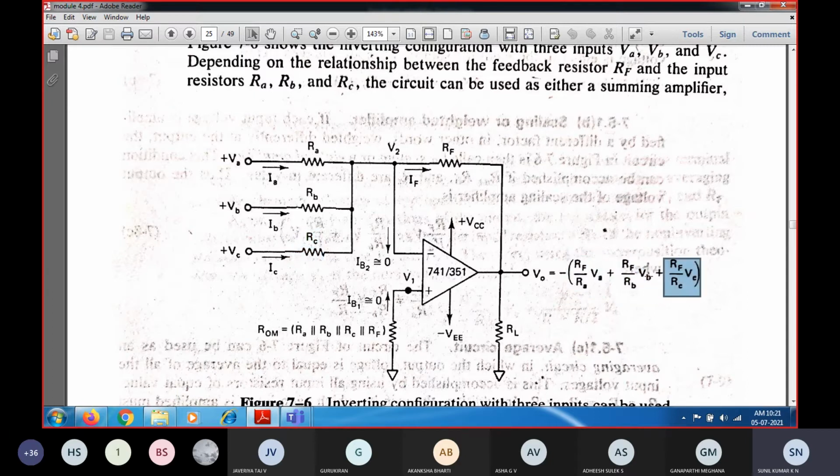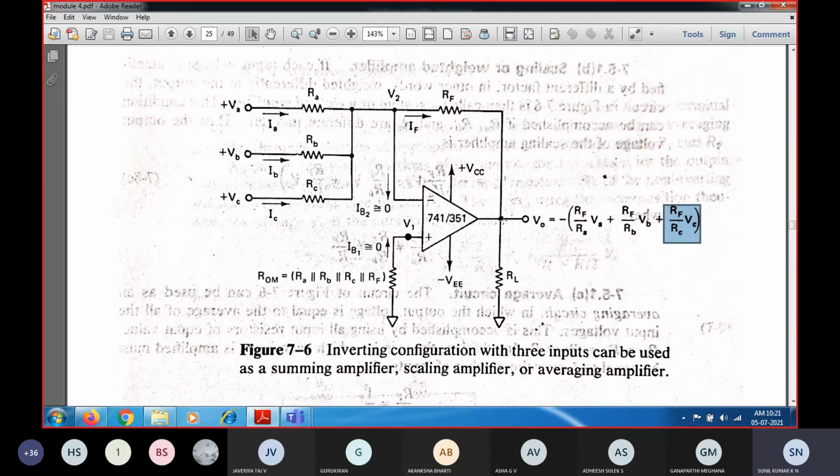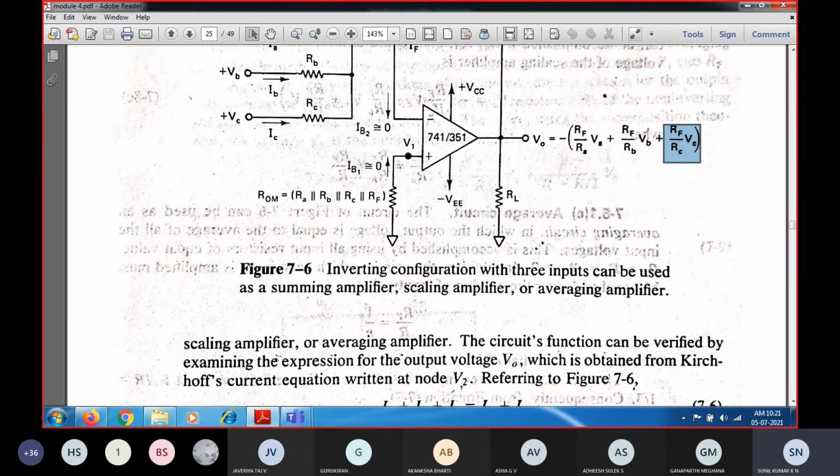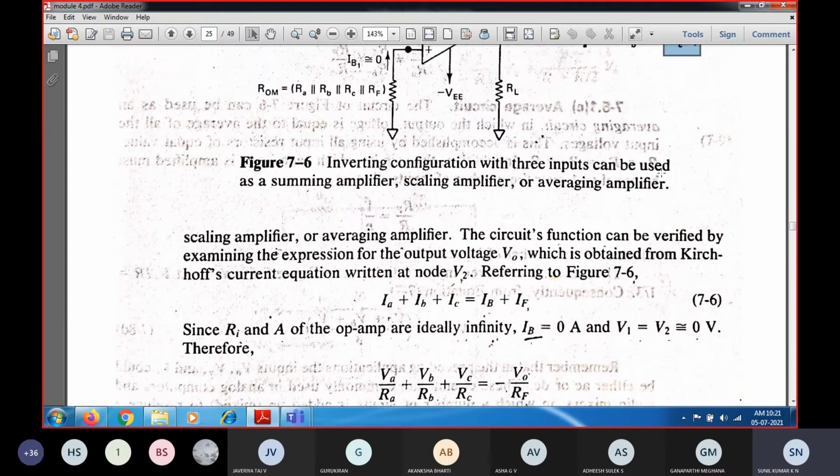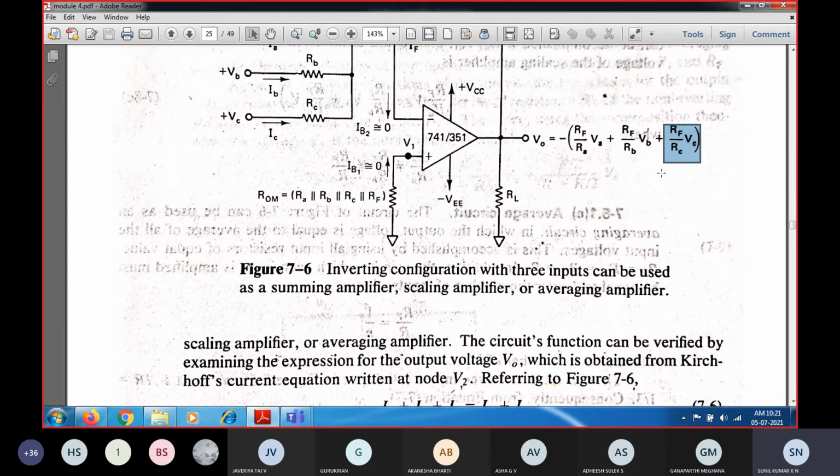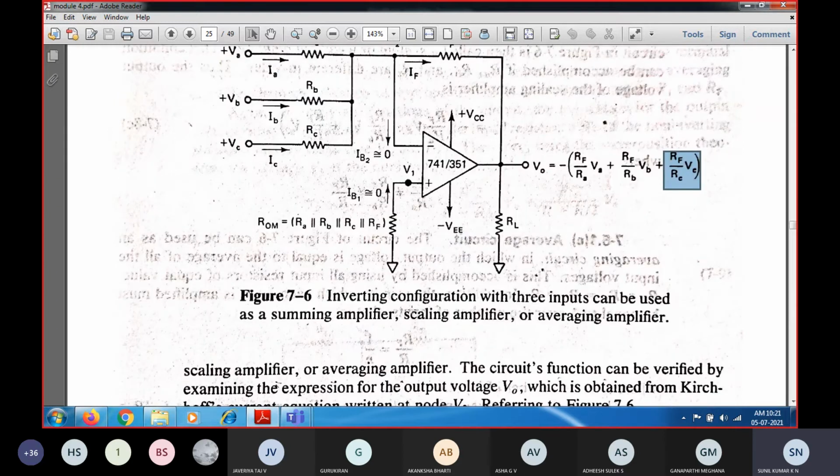This is the sum of the voltages you will be getting at the output. So that is the inverting configuration with three inputs, which can be used as an inverting summing amplifier.